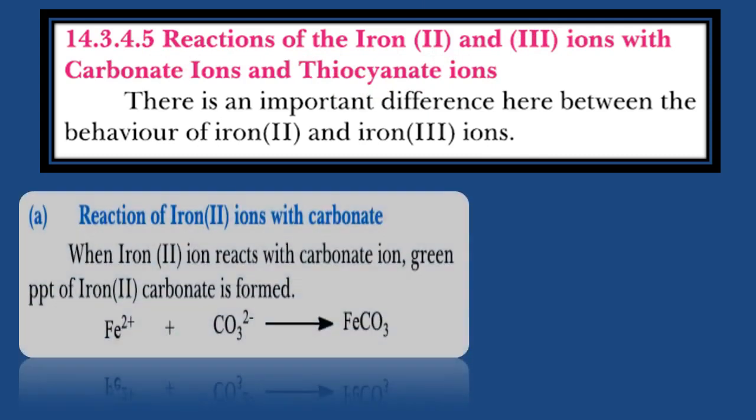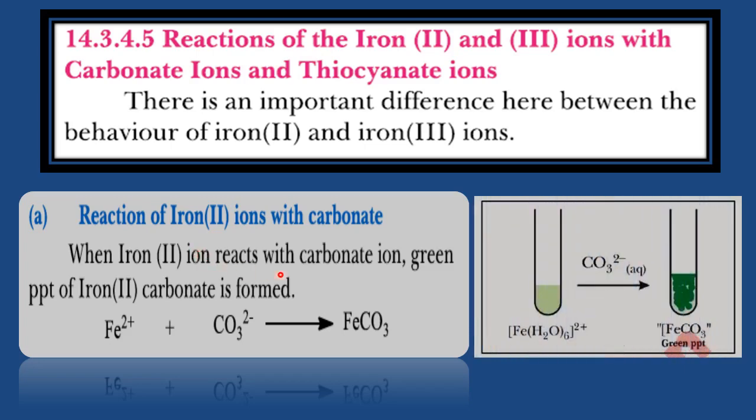So students, when iron 2 ions react with carbonate ions, what is going to happen? Iron 2 ions react with carbonate ions. Green precipitates of iron carbonate are formed. Now students, Fe plus 2, if it is present in the solution, is going to be hexa aqua iron 2 complex ion.